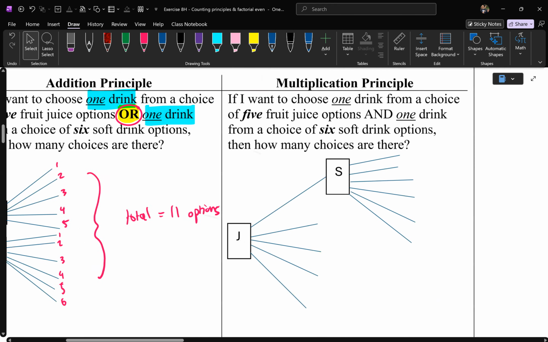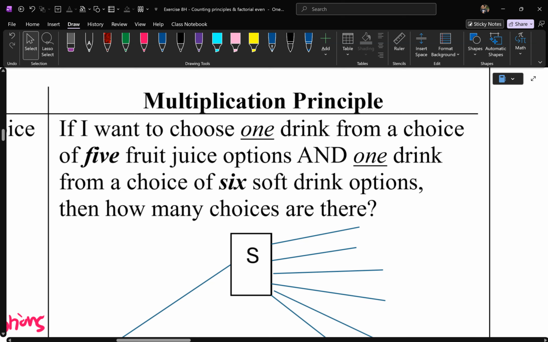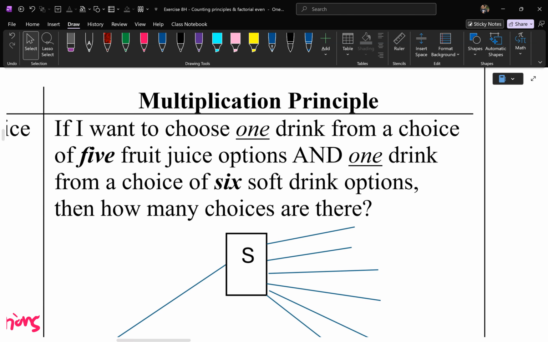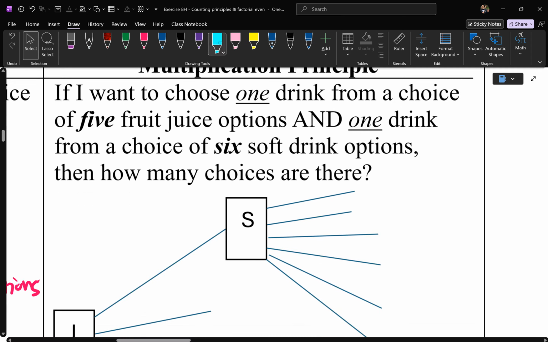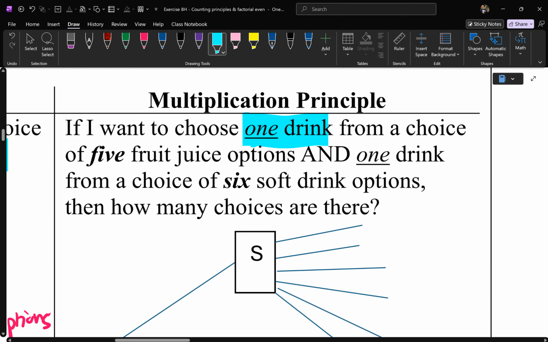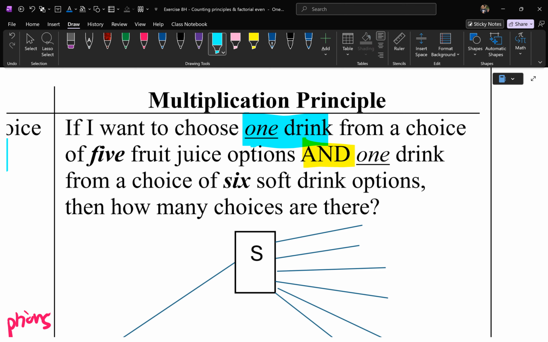Versus, if you have a look at the second scenario now, if I want to choose one drink from a choice of 5 fruit juice options and one drink from a choice of 6 soft drinks options, then how many choices are there? So see the wording. When you say one drink and, so the key word is and, then you say one drink again, this one doesn't actually mean you pick one drink.